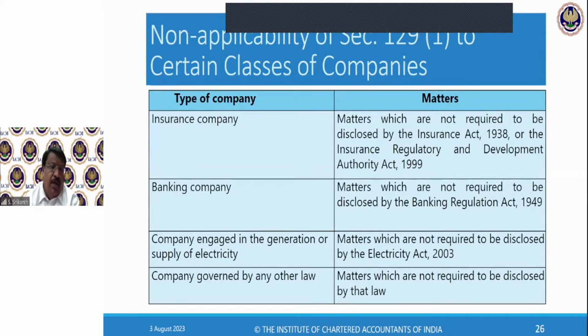Finally, any other company governed by any other law, for example, telecom companies, are governed by the Telecommunications Act and the Telecom Regulatory Authority of India, TRAI. They might come out with some things which you might have to comply with, and so on and so forth. So this is more for your information, right?